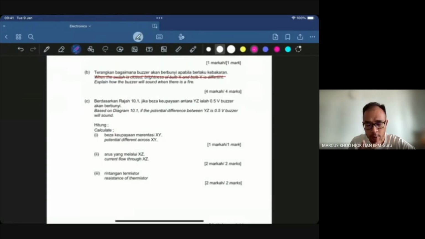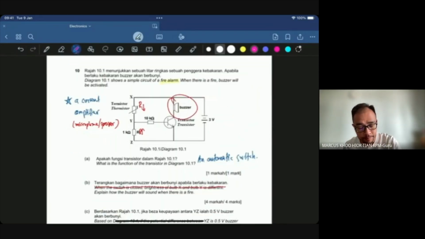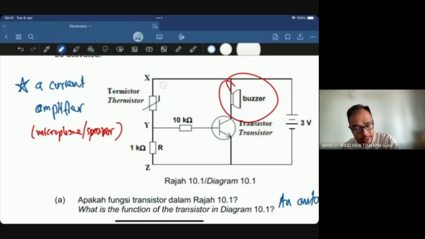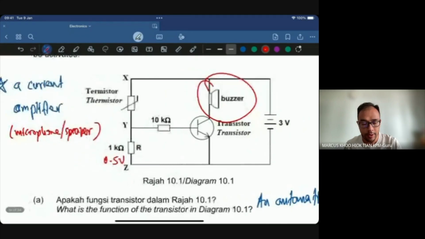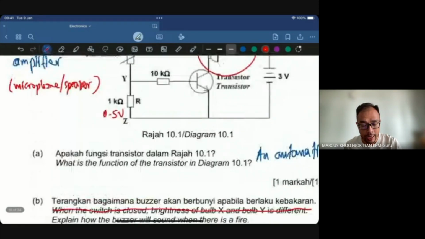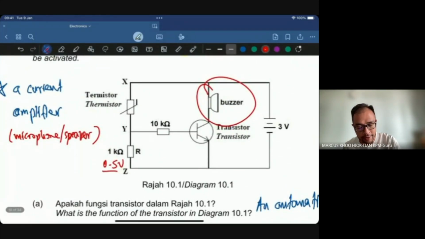Based on diagram 10.1, if the potential difference across YZ is 0.5 volts, the buzzer will sound. So here it says YZ is 0.5 volts. Now if you remember the question just now, if this is 0.5 volts and the whole thing is 3 volts, then here is 2.5 volts.